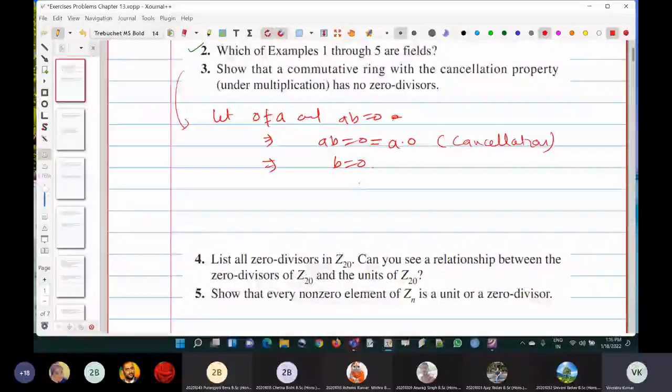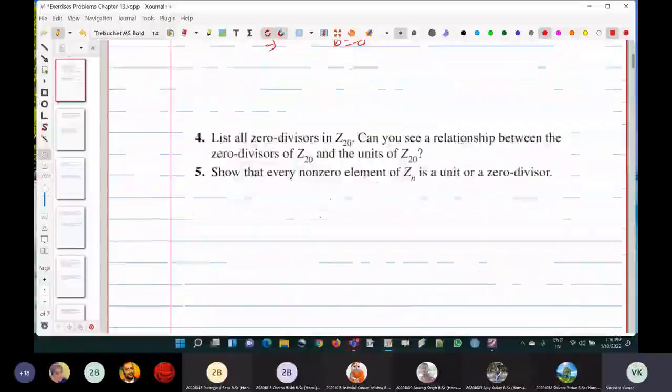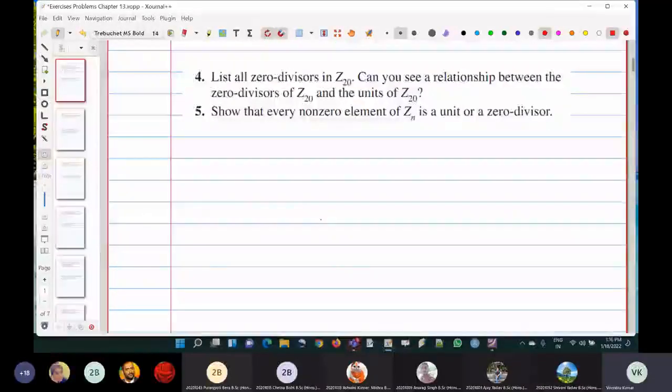Next, question number 4: list all zero divisors in Z20. Can you see a relationship between zero divisors of Z20 and the units of Z20? And the next question, question number 5, is a general case of question number 4: every non-zero element in Zn is a unit or a zero divisor.